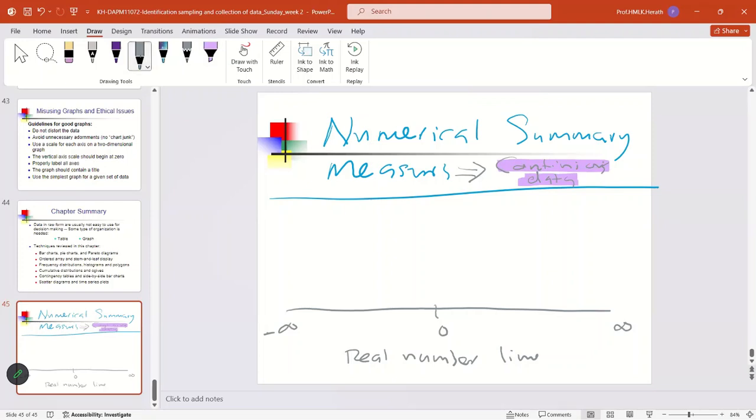We can put numerical data on the real number line.